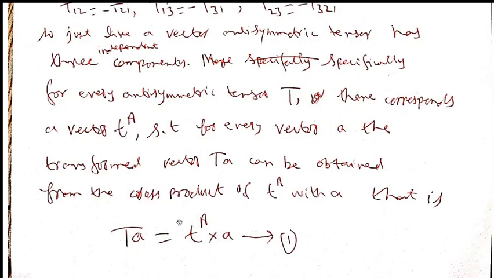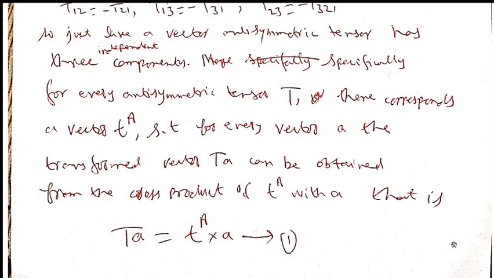We are talking about this equation number 1, that the transformed vector TA will be equal to TA cross A.